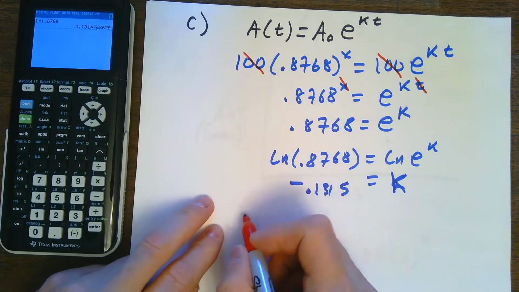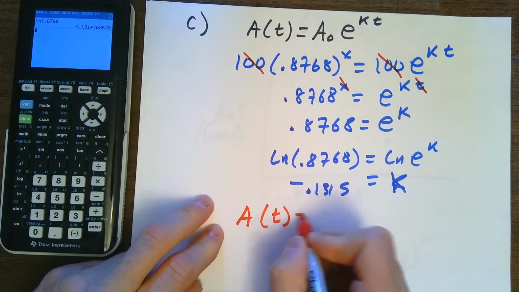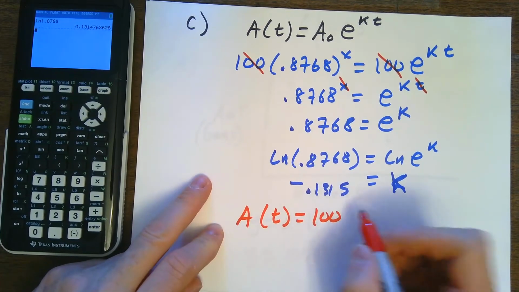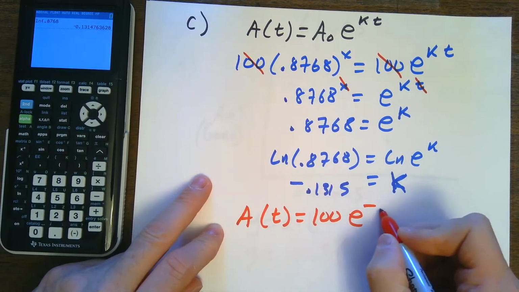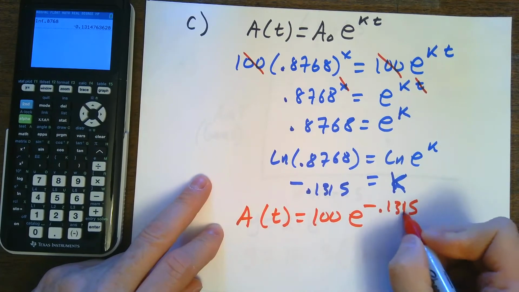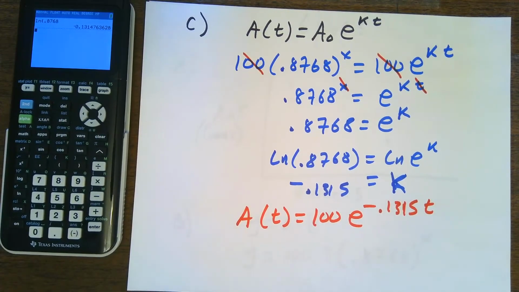So my new formula, the amount as a function of time is the initial amount times e to the negative 0.1315 t. So here it is. This is the answer to part C. Here is the function that I found in part B expressed in the form of A sub t equals A sub 0 times e to the kt. Now it says part D, graph the exponential found in parts B or C on the scatter diagram.